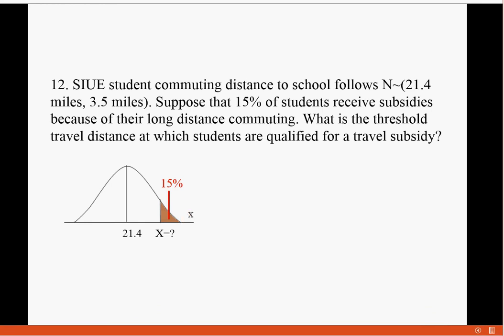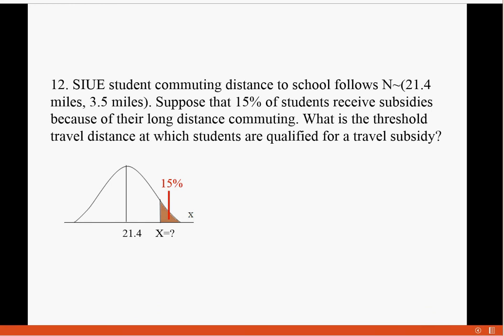Again, we have this corner of 15%, and we cannot just take this 15% and look up the normal table to find the z-score that corresponds to it. Why is that? I guess you can already answer: because of the way the normal table is made up, using that table you cannot directly find the z-score that corresponds to this corner.